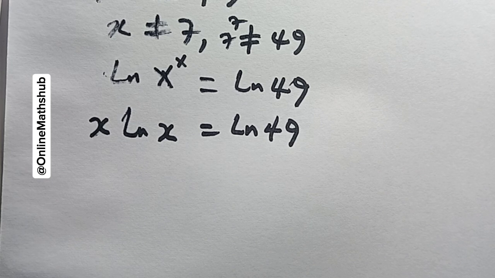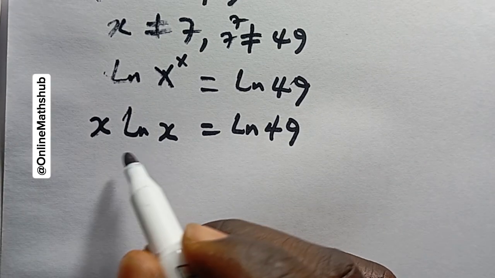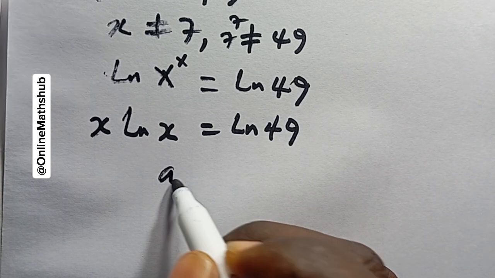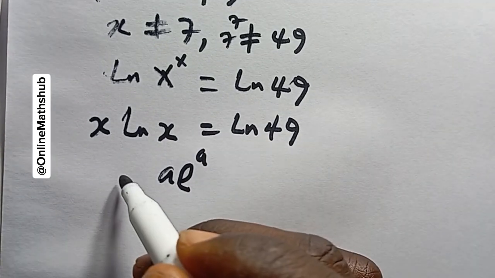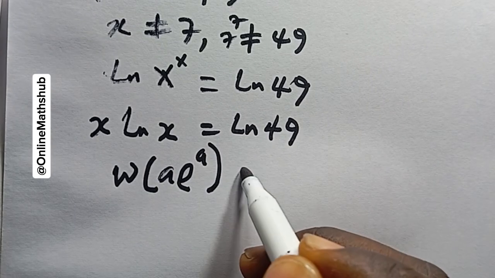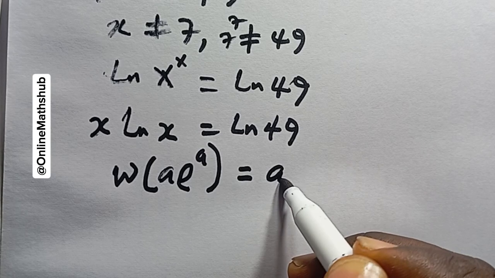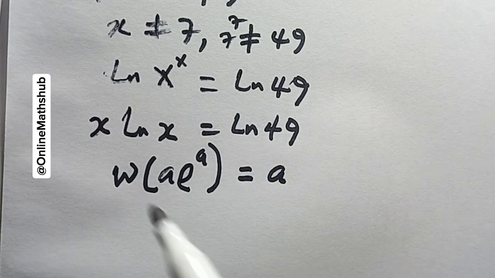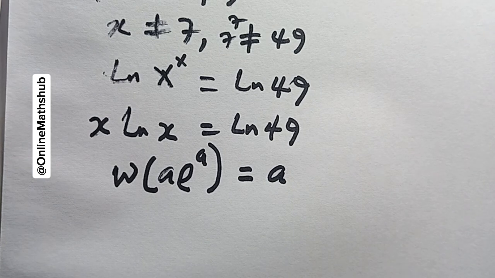Before you apply the Lambert W function, you need to simplify your function to be in the form of a exponential a, so that when you pass the Lambert W function, all of your function will collapse to a. So our job is to find a way to simplify this to be in the form of a exponential a.